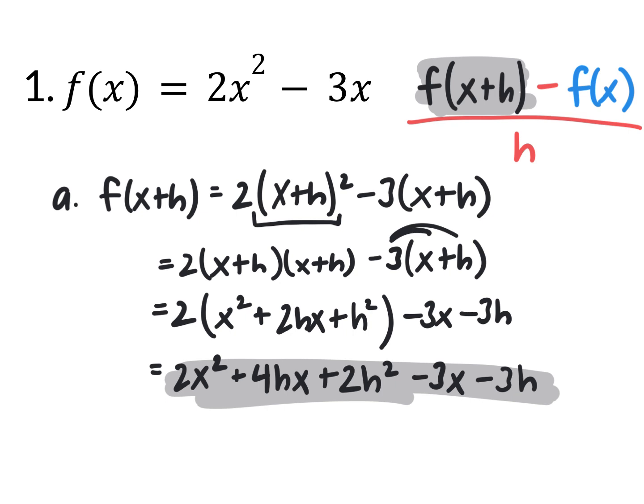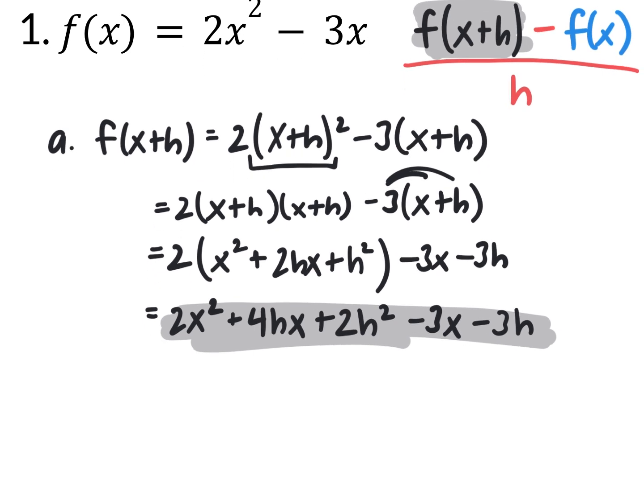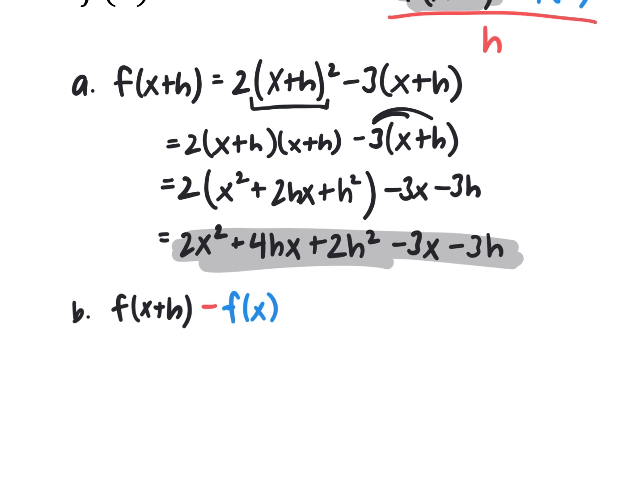Now, your step B on your homework for the first few will say, okay, well, now that we know f of x plus h, let's take f of x plus h and let's subtract your f of x function. Which really you're subtracting your 2 y values, right? So I'm going to rewrite my whole f of x plus h term.